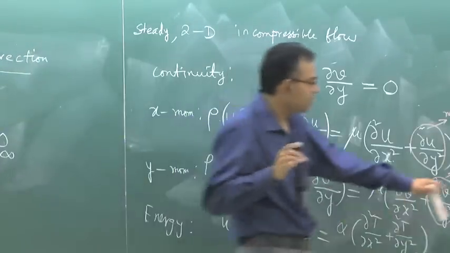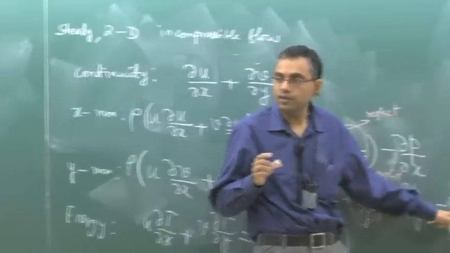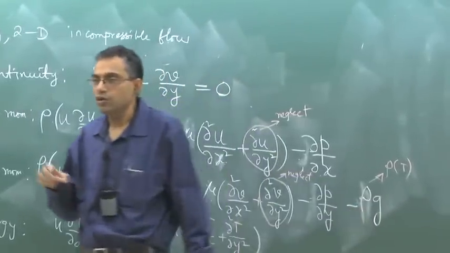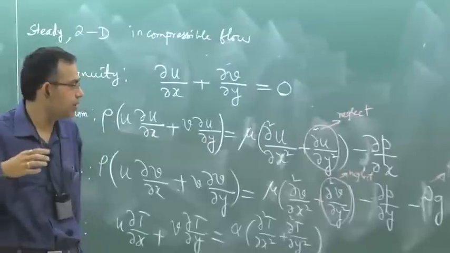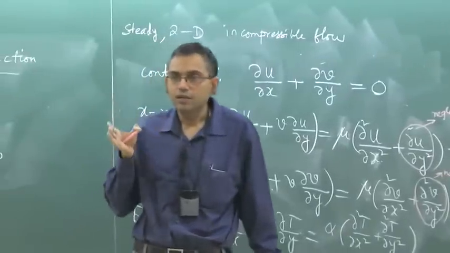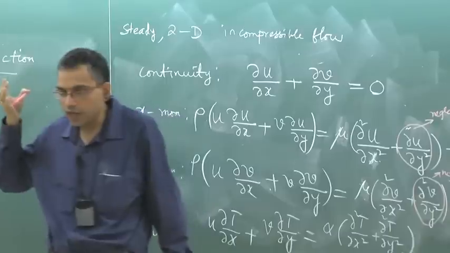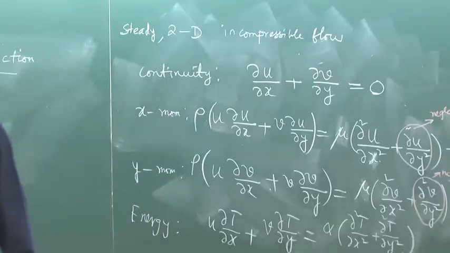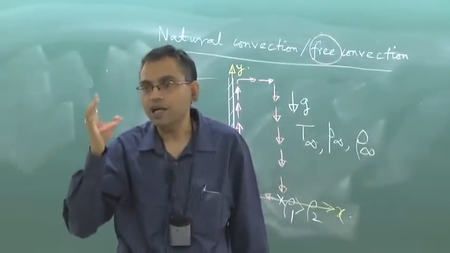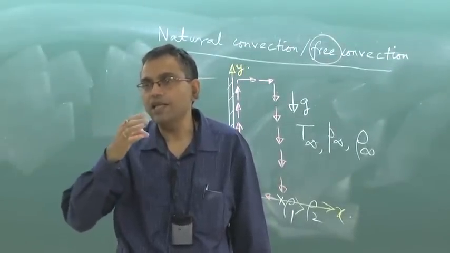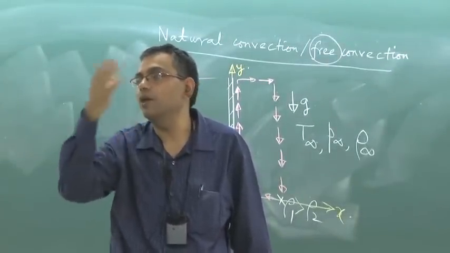Because that is where the body force is coming into the picture. So in the momentum equation for the dominant flow direction, if you have a pressure gradient, that pressure gradient is imposed from outside the boundary layer.